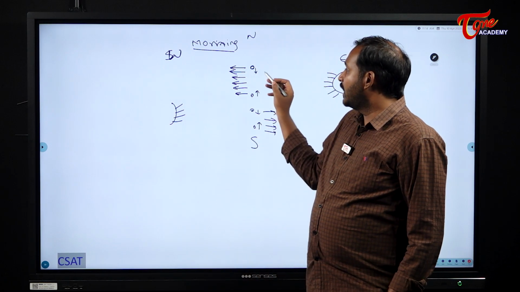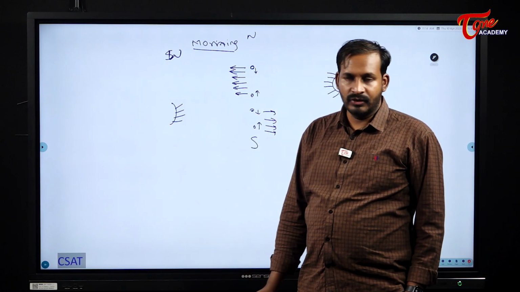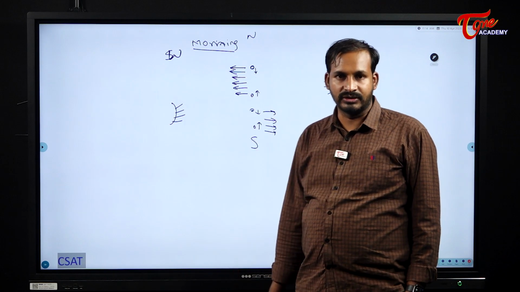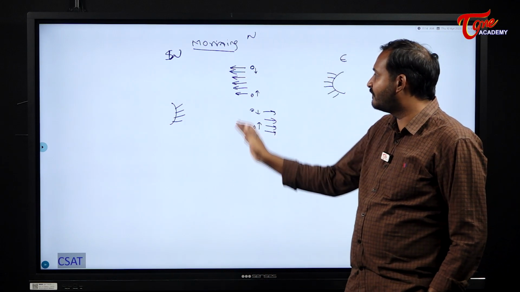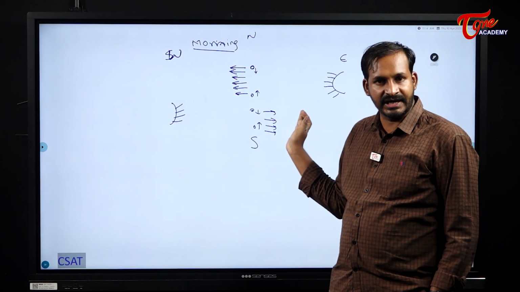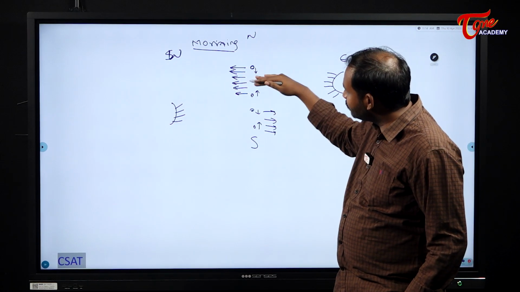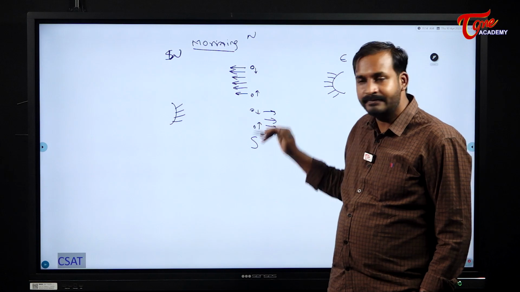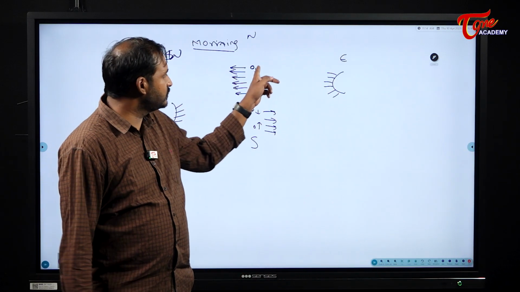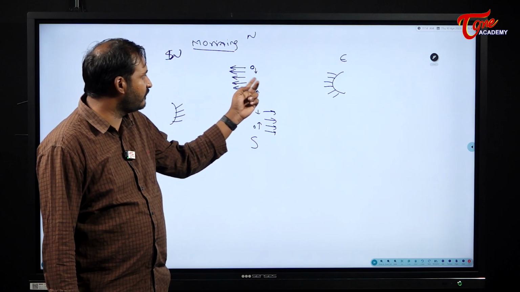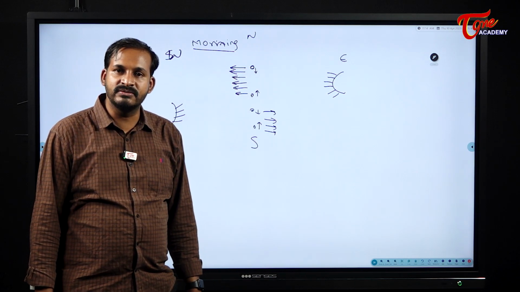So, if a person is facing towards north or south, always the shadows will fall either towards his left or towards his right. Is there a chance of falling in front of him or behind him? Is there any possibility that the shadows of these two persons fall in front of them or behind them?